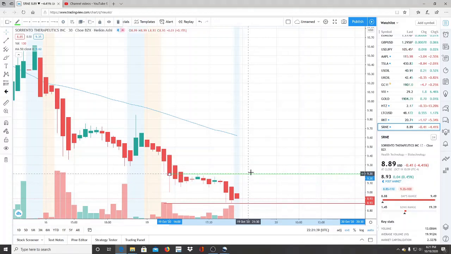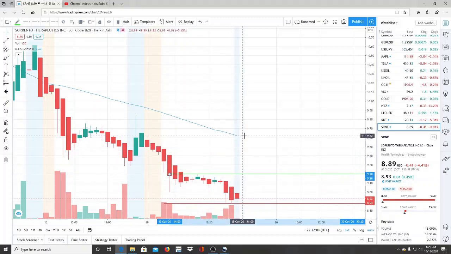And then the highest point before this run fell is right here at 9.65. I would write that down.